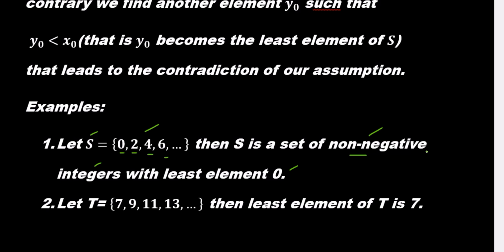But the style of this book is that it will say throughout that S is a set of non-negative integers. This book does not use the word subset. So the least element of this set is 0. Next, let T be 7, 9, 11, 13 and so on. The least element of T is 7.